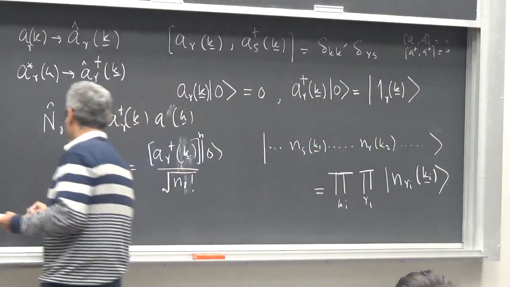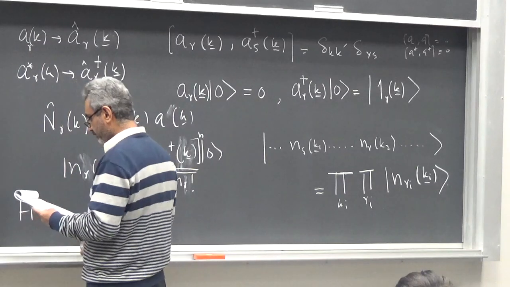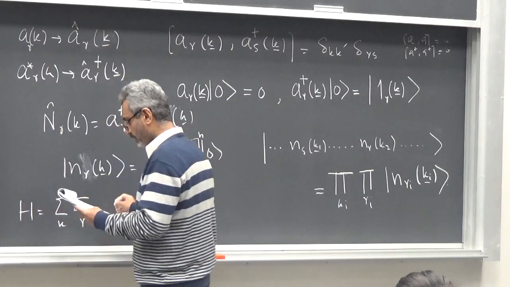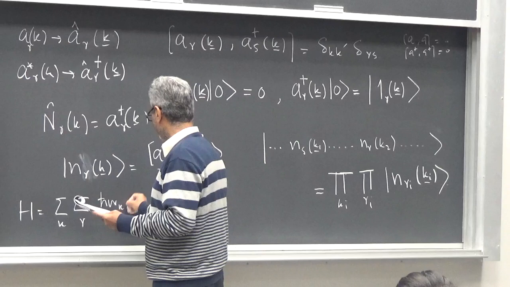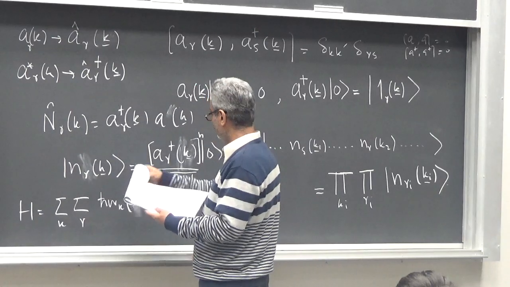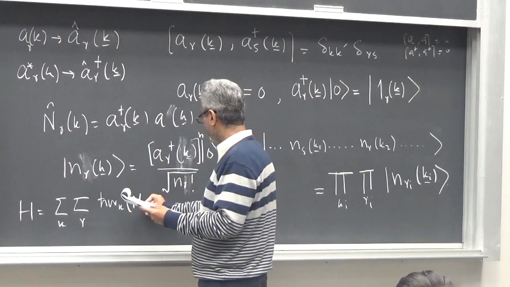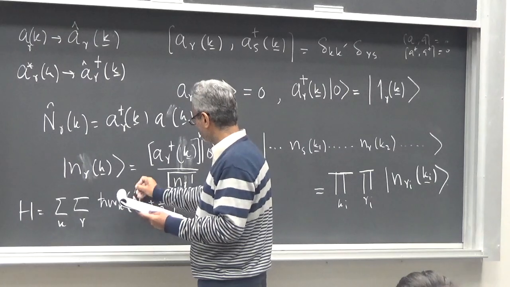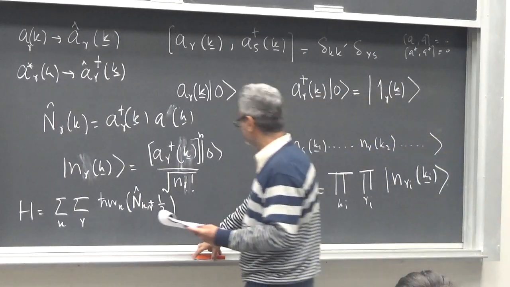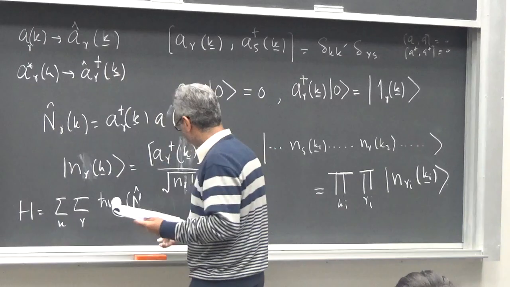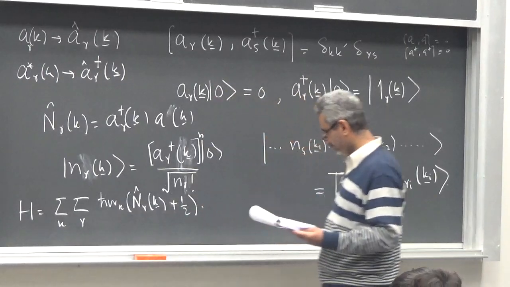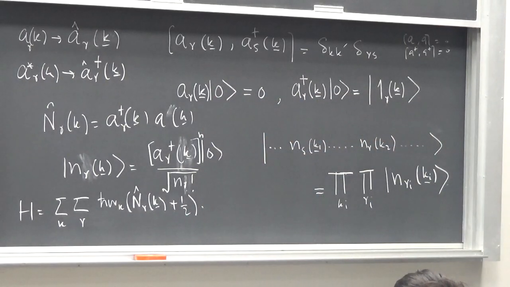Okay, so then the Hamiltonian is just the sum over K, R of h-bar omega K times N sub R of K plus a half. Right?